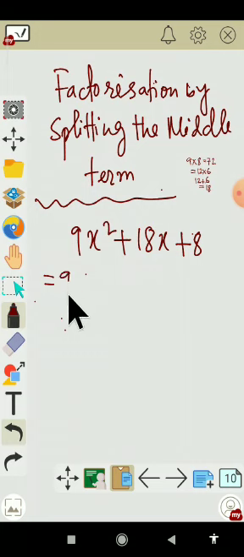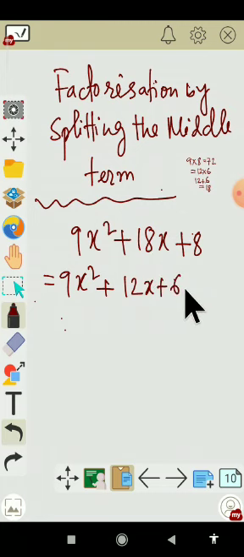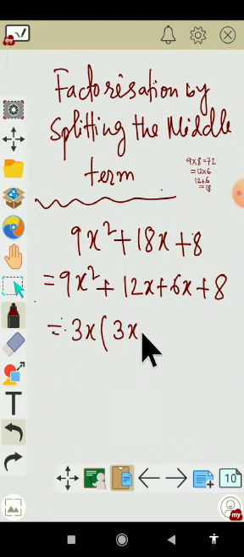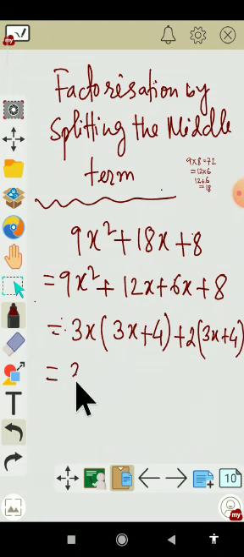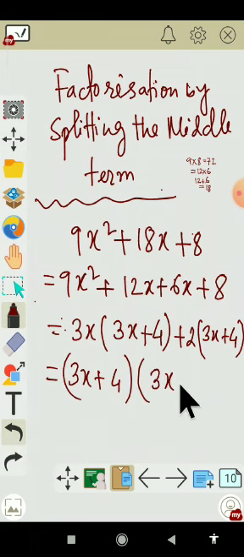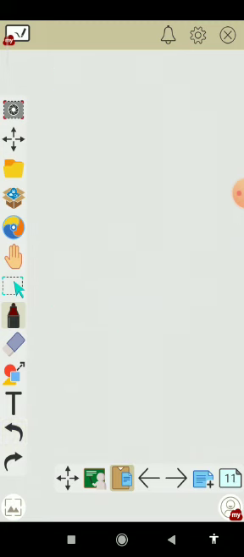Our main work is to split the middle term. So we will split this middle term 18x as 12x plus 6x plus 8. If you take common 3x, so 3x plus 4. If you take common 2, so finally we are getting 3x plus 4 and 3x plus 2, which is the required answer.